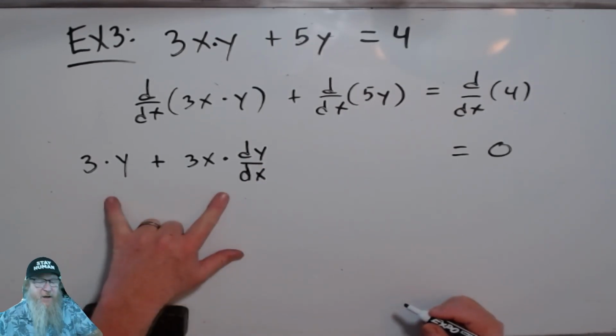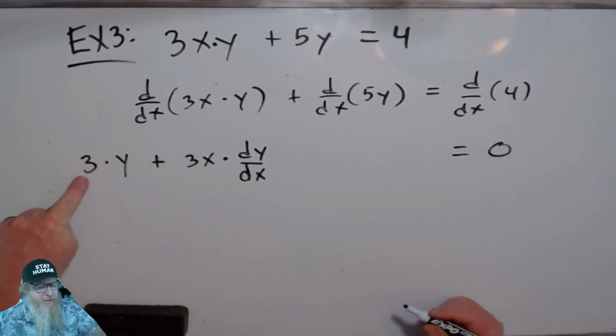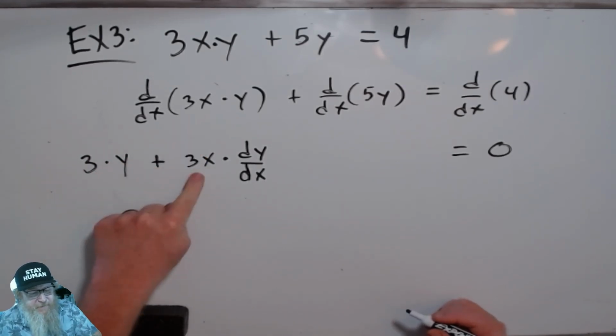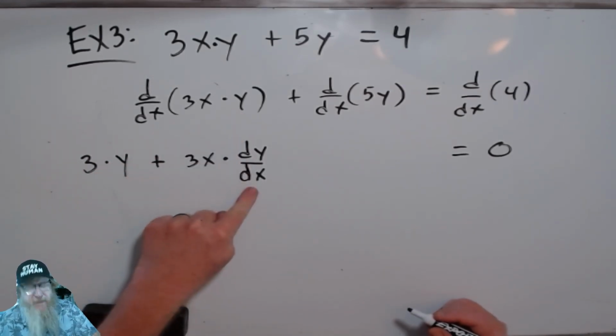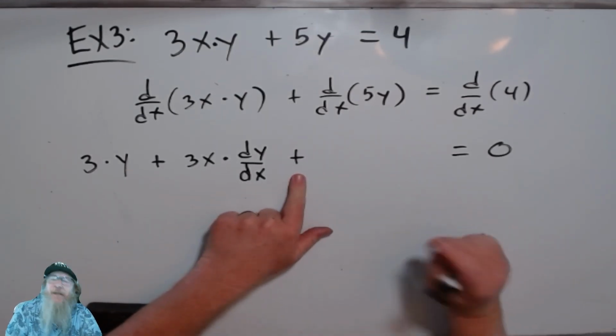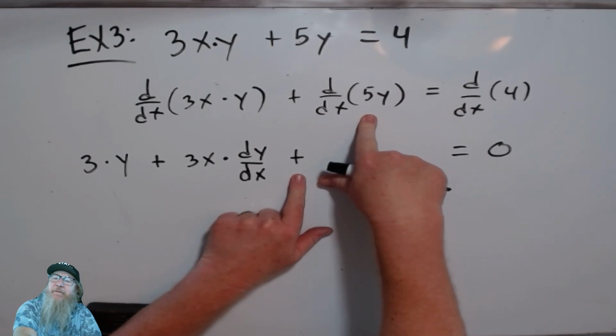All right, so that's the product rule. Derivative of the first times the second, plus the first times the derivative of the second, plus the derivative of 5y.